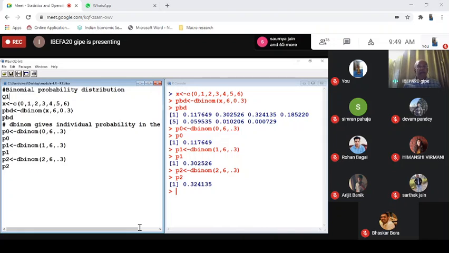Asking, compute probability of none of the successes, 1 success, 2 successes. The dbinom x comma 6 comma 0.3. That is the syntax.